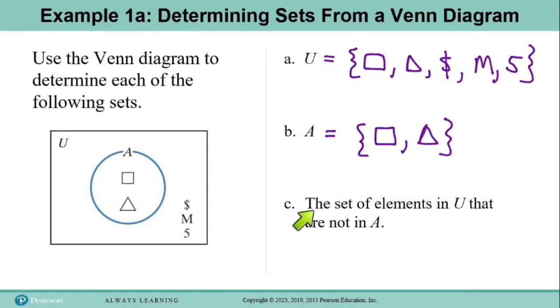And then part C says list the set of elements in U that are not in A. So the set of tells us that we need to open a pair of curly braces, and now the elements that are in U but not in A would be the dollar sign, the M, and the 5.